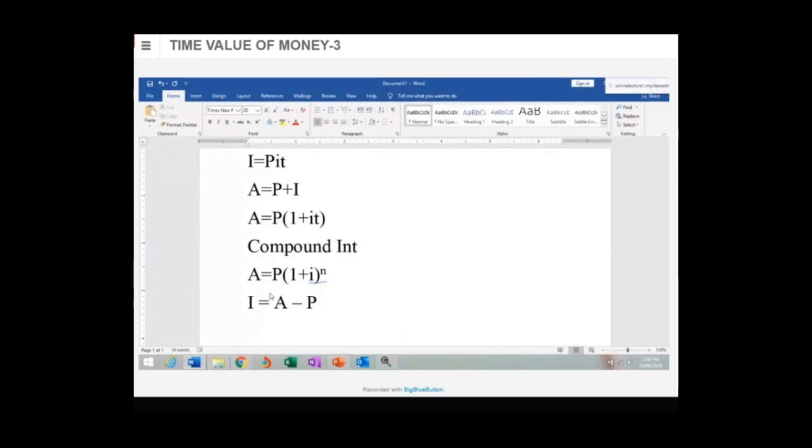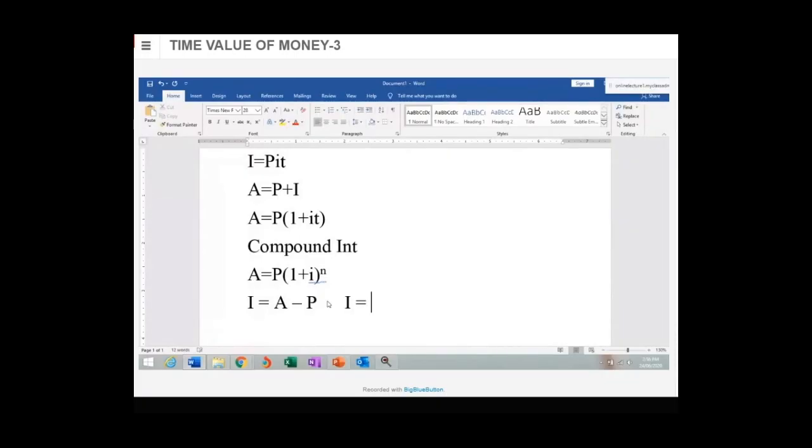Now here, what is A? In this formula, if I substitute, what is A? At the top, we said A is equal to P in bracket 1 plus I raised to n. So this formula can be written as I is equal to capital I, same formula. See whether it is correct or not.